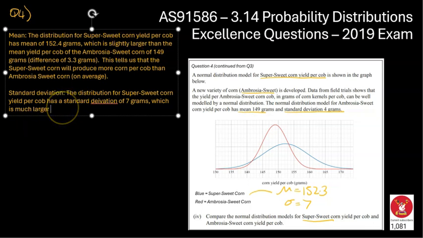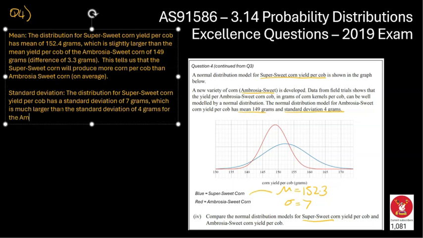This time here, the difference between 3 and 7, that's quite a big difference. So that's much larger instead of slightly larger. So much larger than the standard deviation of 4 grams for the Ambrosia sweet corn variety.